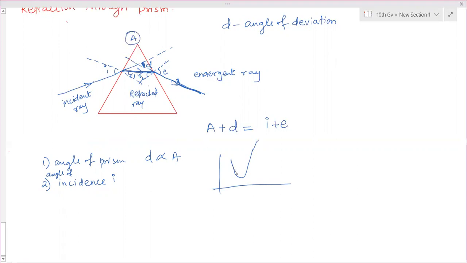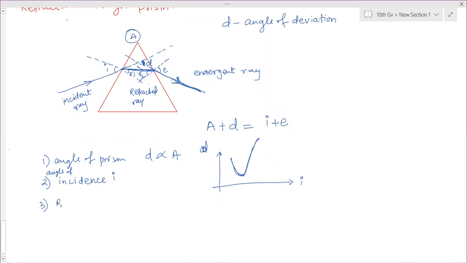Oh, okay. So for the incident ray, as the angle of incidence increases, the deviation D first keeps on decreasing. As you increase the I value, the angle of deviation keeps on decreasing. It reaches a minimum value, and after that, when I is increased, the deviation will keep on increasing.